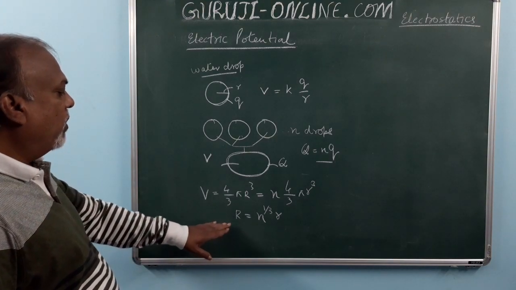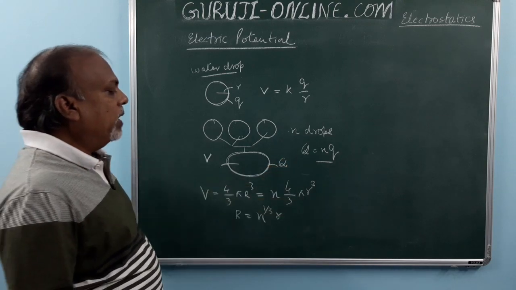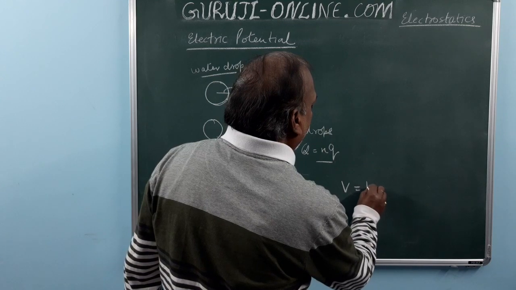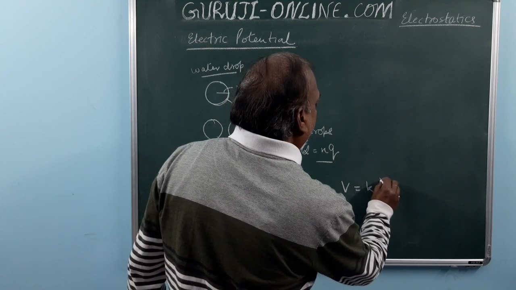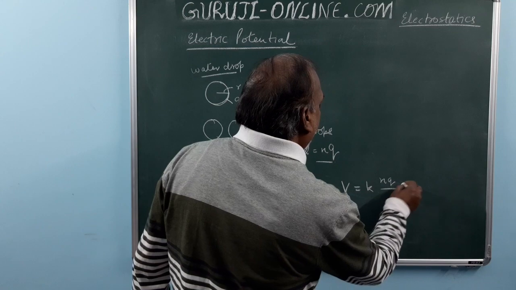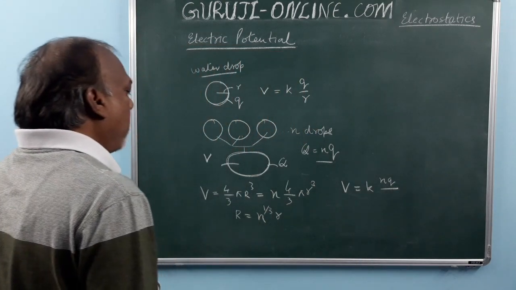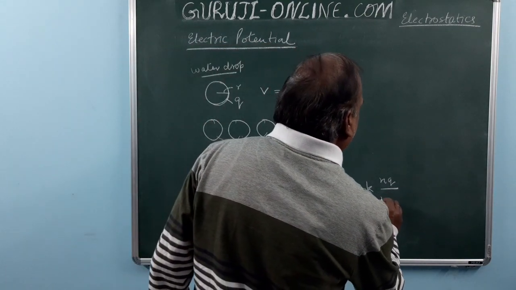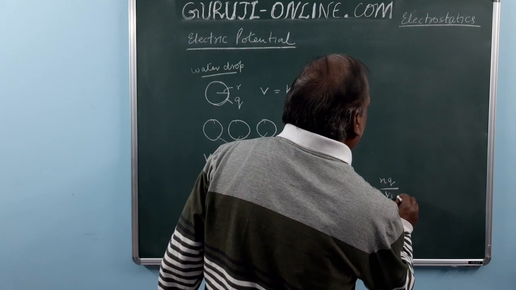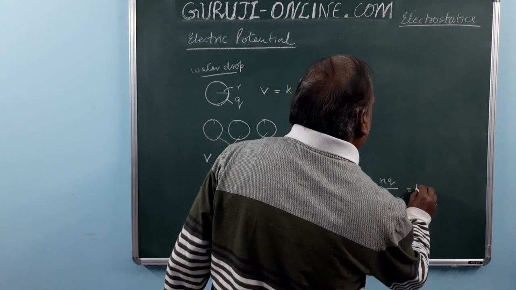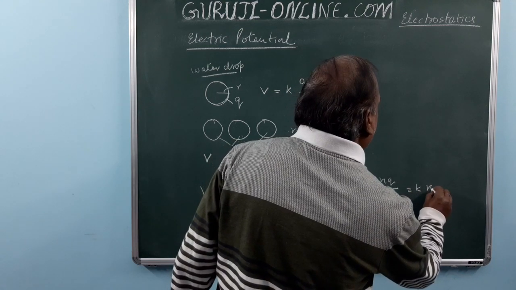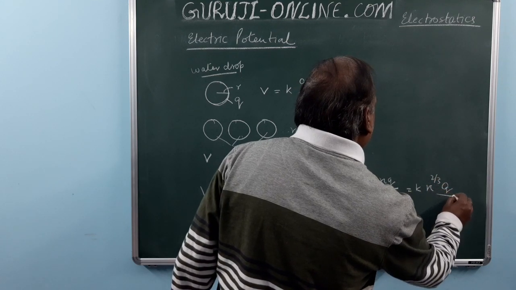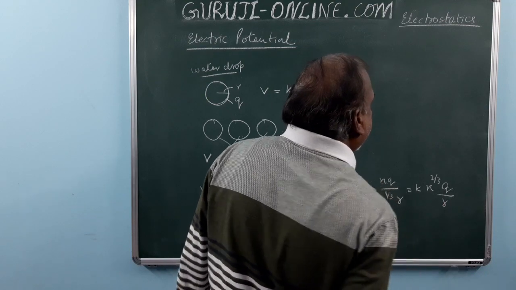So here again, now we know R, we know Q, we can find out what will be the electric potential. That will be nothing but K nq upon n to the power 1 by 3 r, or K n to the power 2 by 3 q upon r.